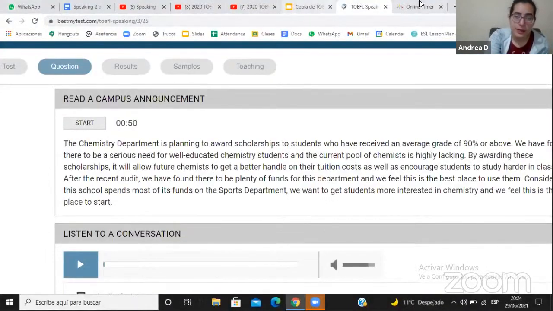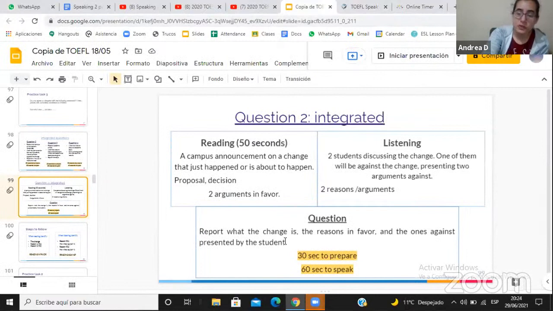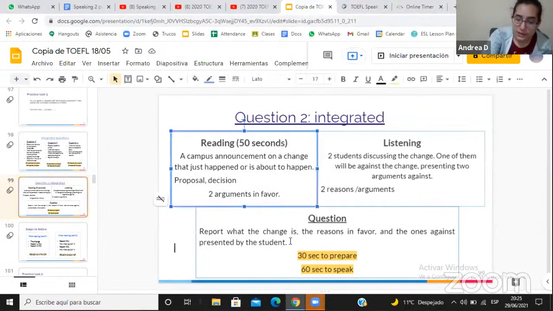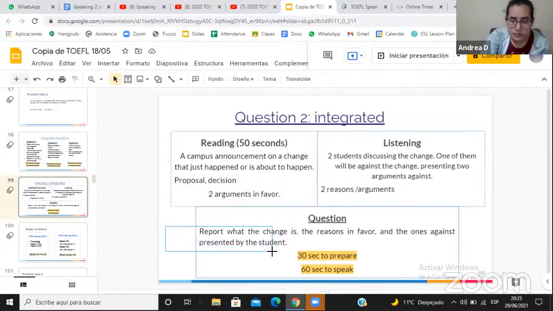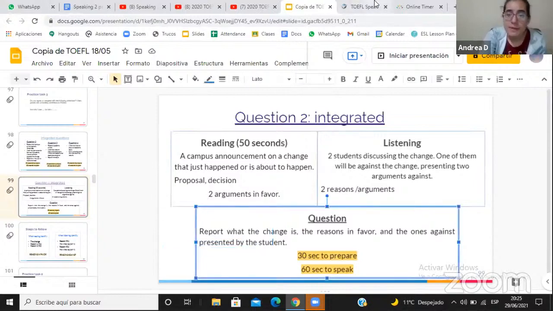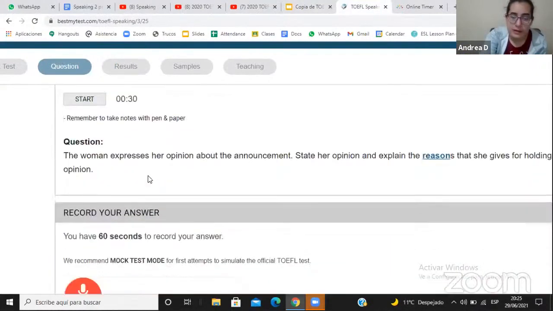What else can I say? Regarding the question, now here, this is important. The question, it's not this one, this is just an interpretation of the question. But the question is this one, always the same one for everything.